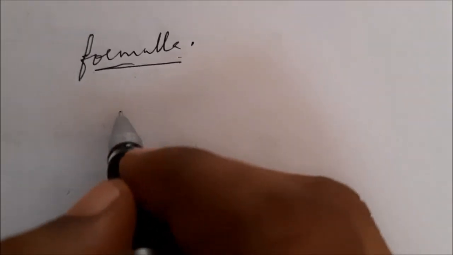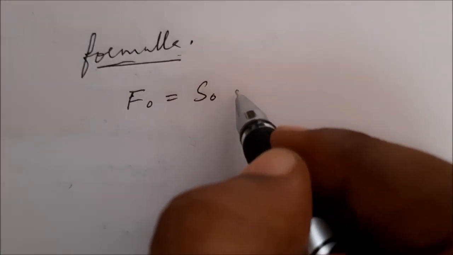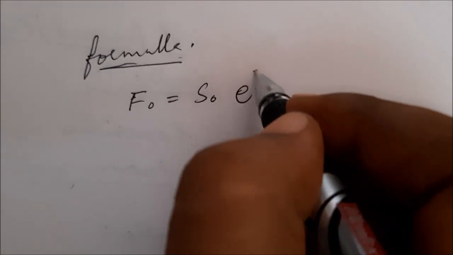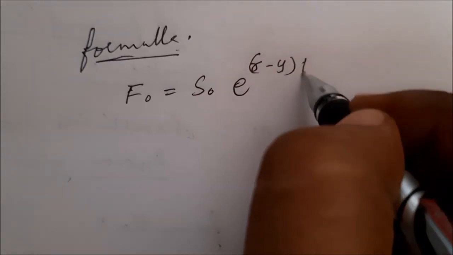So the formula is F naught is equal to S naught into e to the power (r minus y) into t.